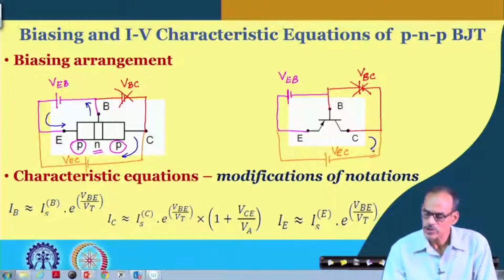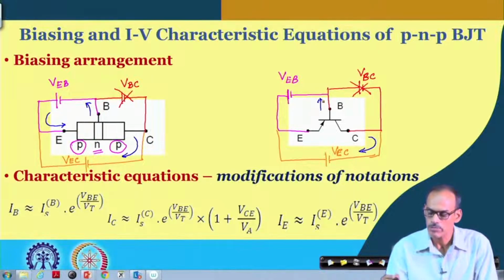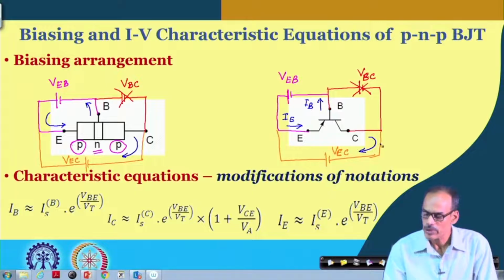So, that is the actual direction of the currents. So, you may say that this is the actual positive direction of the current, and so we do have IE, IB, and then IC like this.